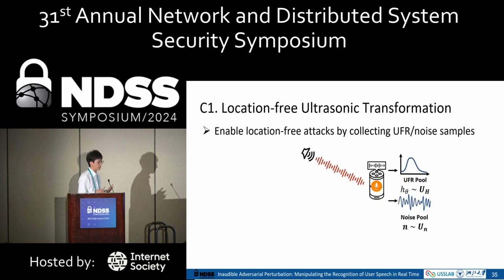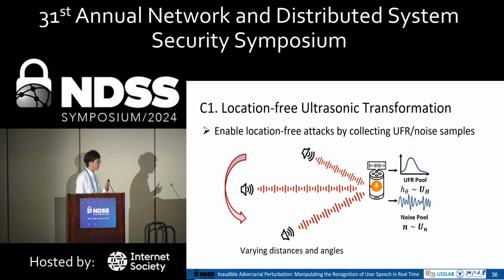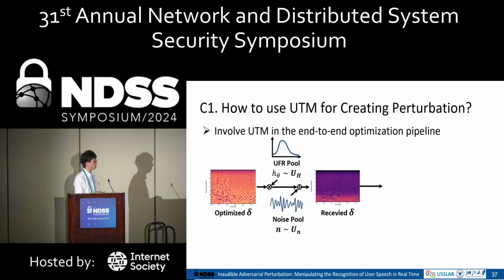The above steps demonstrate how to describe the perturbation's transformation in a specific location. To enable successful attacks at various positions, attackers can collect the UFR and channel noise samples by varying the attack positions. Thus, the UFR pool and noise pool are formed.